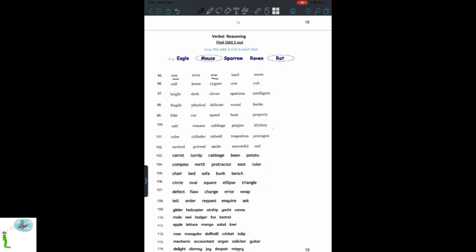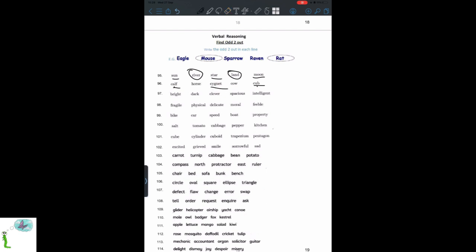So sun, star, moon. They're all celestial, like space objects. So it's obviously going to be river and land. Calf, horse, signet, I don't know how you say that. Cow, cub. So I don't actually know what this word means, but what I can assume, calf and cub are both baby versions of an animal. Horse and cow are big versions of an animal. So the odd one out is either going to be an animal or a baby version of an animal.